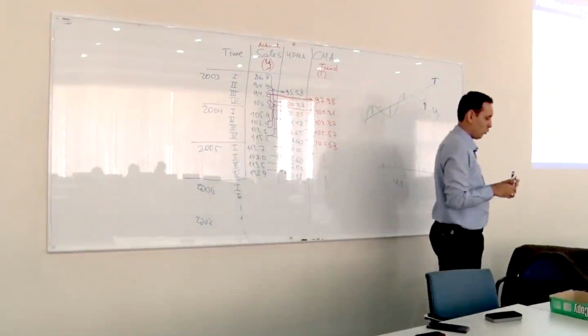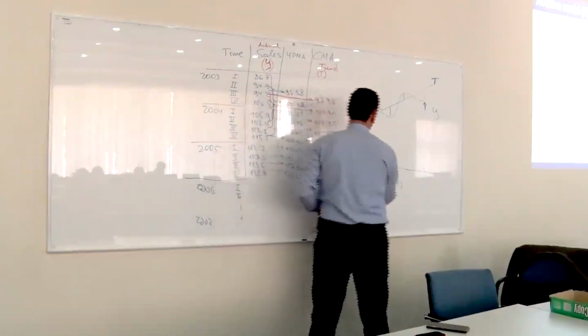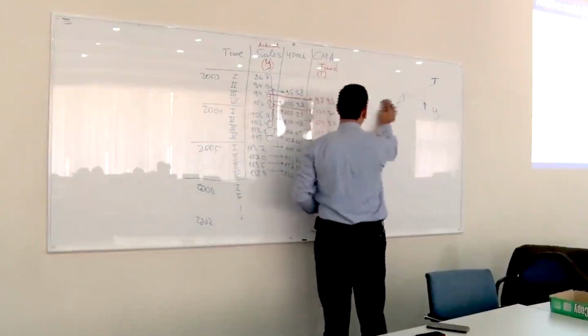So once we calculate the centered moving average, what we do is we try to plot this actual data. So we are plotting the actual data, so we have to make sure that your graph looks nice and neat.